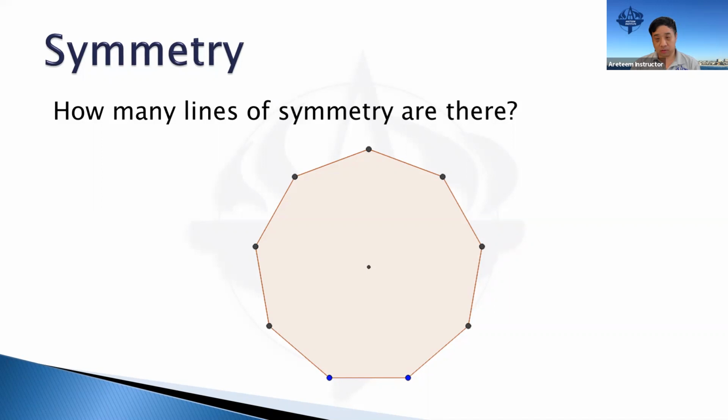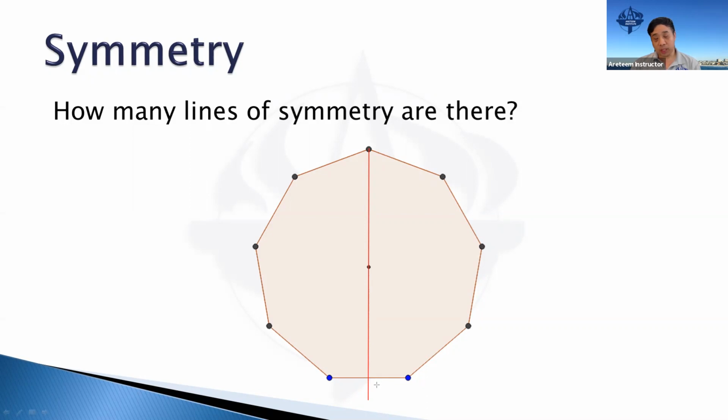Yes, this is actually a regular nonagon, with 9 sides and 9 vertices. You all say 9, right? Yes, that's right. What we could do is connect one vertex and the center, and then extend that to the line. That is one line of symmetry. We could do any of those.